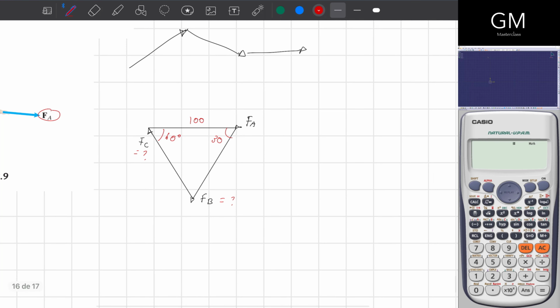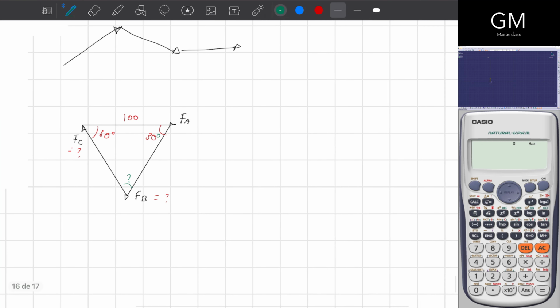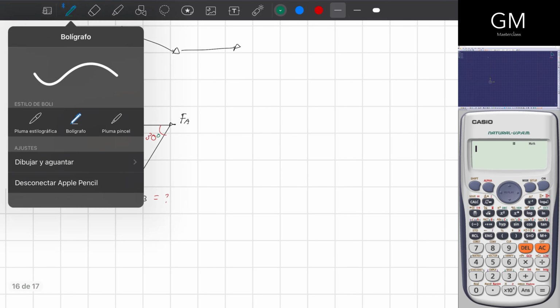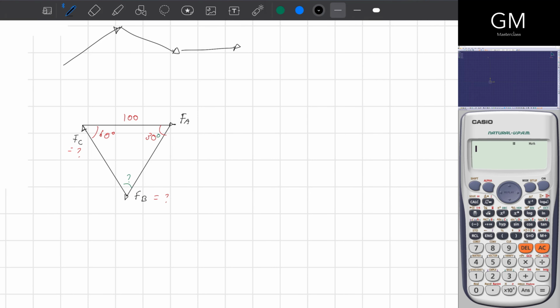Okay, how am I going to do this? I'm going to start by finding this angle. Why is that? Because I have the other two and I think that it's easier for me. So there is a statement that you have to maybe memorize or understand, and that is that the summatory of the angles within a triangle is equal to 180.